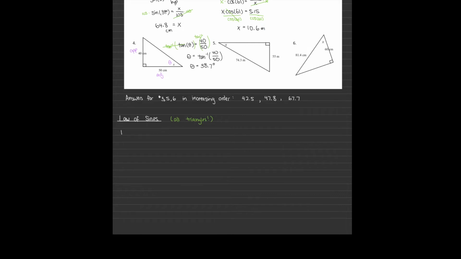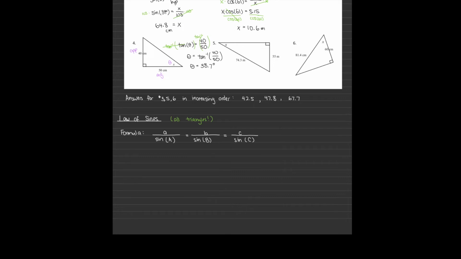And the formula is that lowercase a over sine of capital A is equal to b over sine of capital B is equal to c over sine of capital C. And so here I'm using the naming conventions that we talked about at the very beginning.